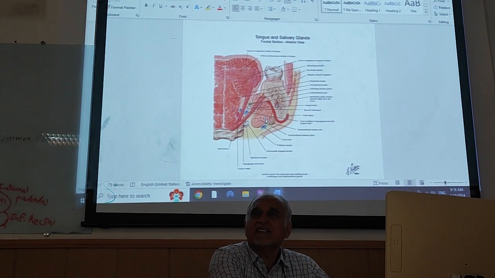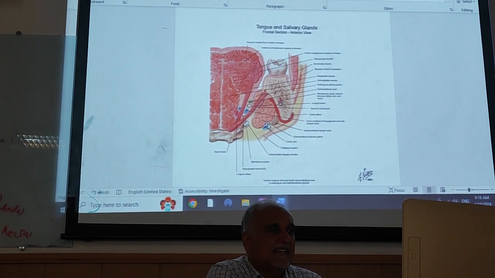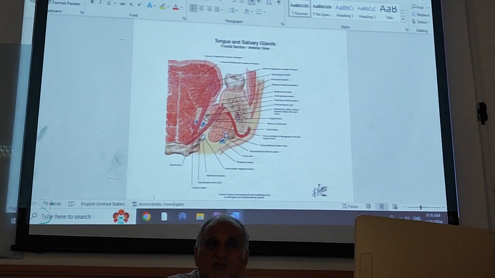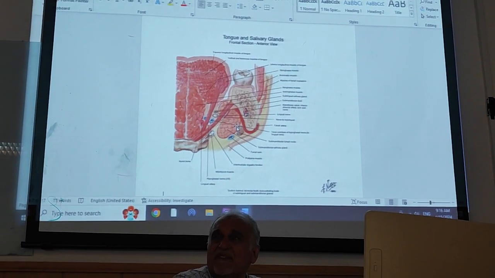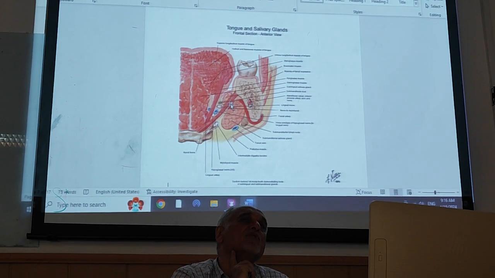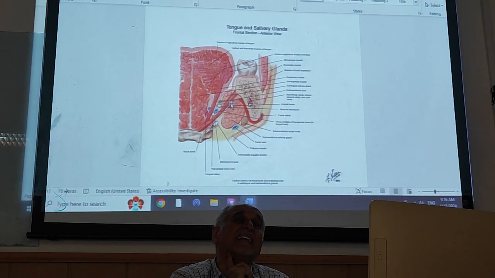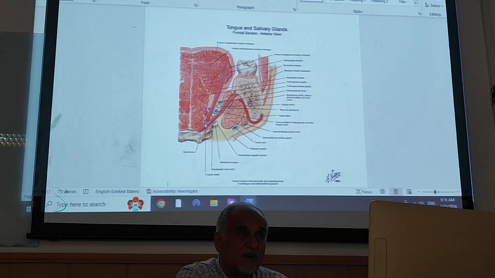Here you can see the submandibular gland, which is divided into two parts, deep and superficial. We can palpate the superficial part here, and the deep part is covered by mylohyoid. This is the mylohyoid muscle.